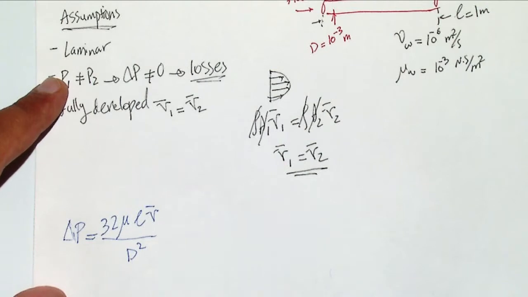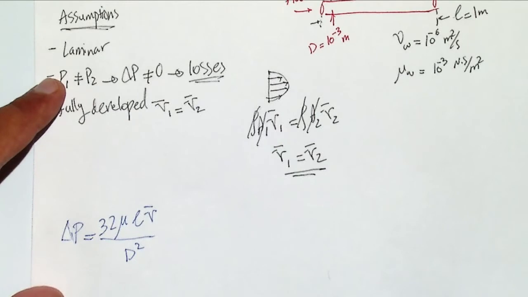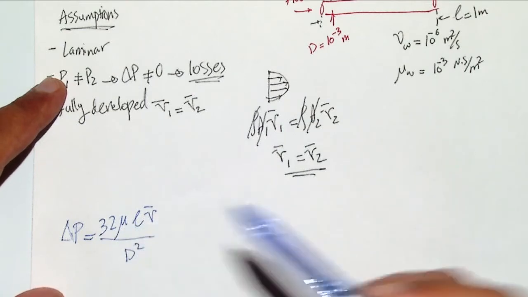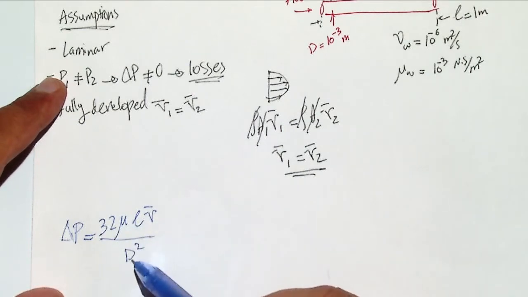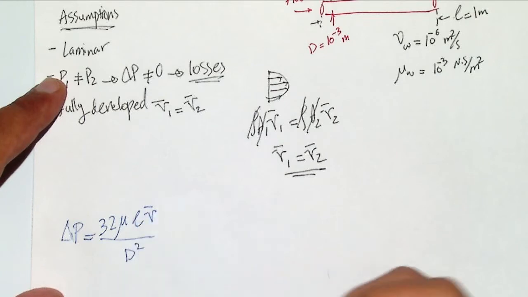The question asks you to find the maximum pressure drop allowed if the flow is laminar. So at first it asks you to find delta P, but it doesn't give you V bar. In this equation you have 32, which is constant, mu is given, D squared is also given, and the length of the pipe is given, but V bar is not given.